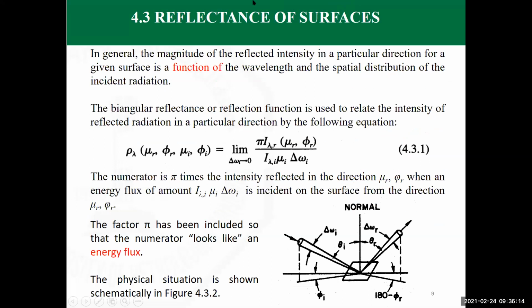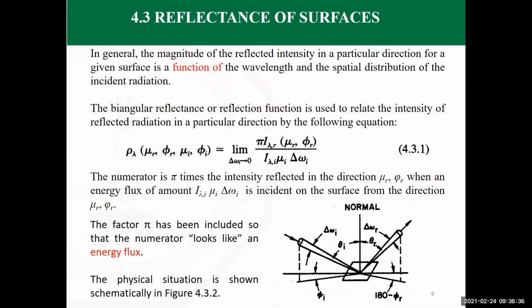Now this is the formal mathematical definition of the reflectivity here. And you see here, we're talking about monochromatic directional reflectivity. It's not only monochromatic directional, which is given by equation 4.31, but it depends on the angles of the incident energy and the angles of the reflected energy. Look at this.